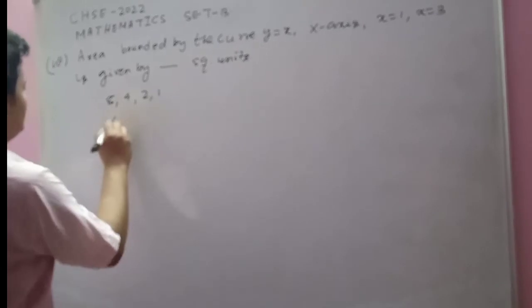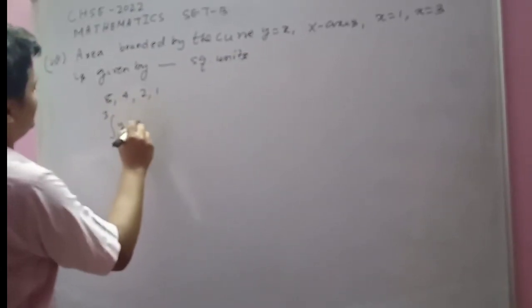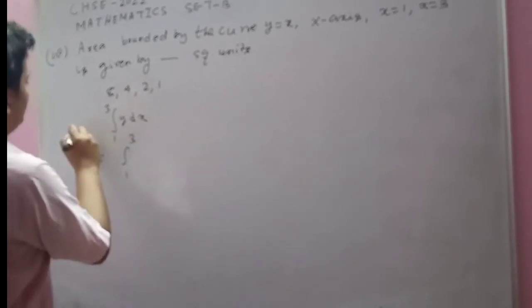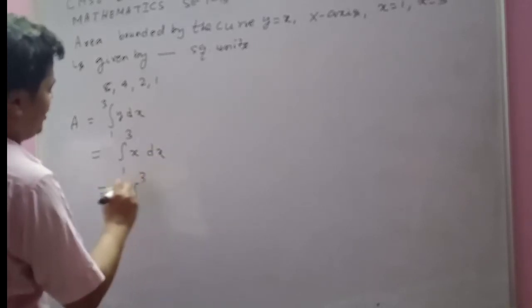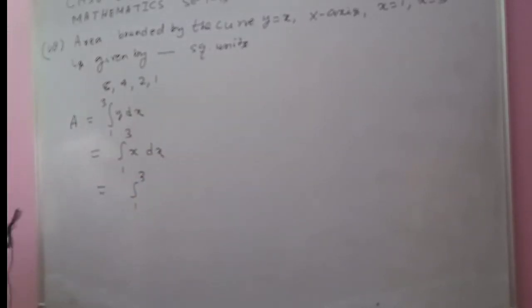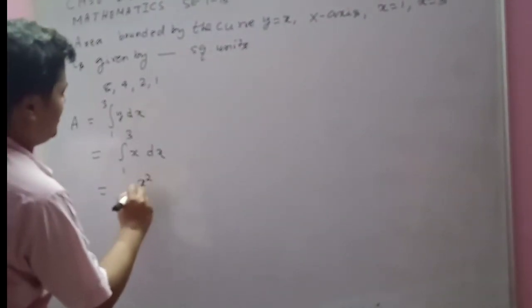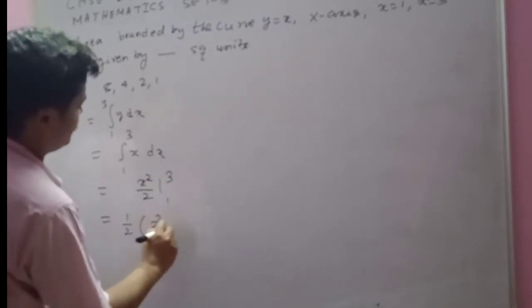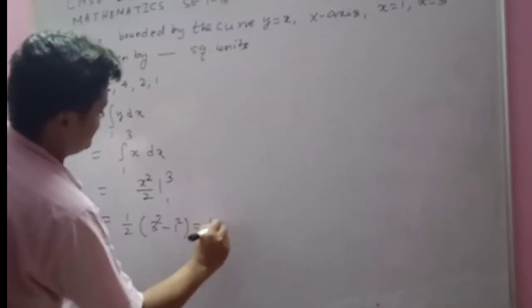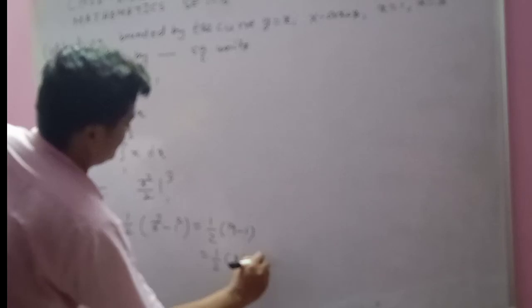So the answer is integration 1 to 3 y dx, integration 1 to 3 x dx. So you get x square by 2, limits 1 to 3. So 1 by 2 into 3 square minus 1 square. So the answer is 4.